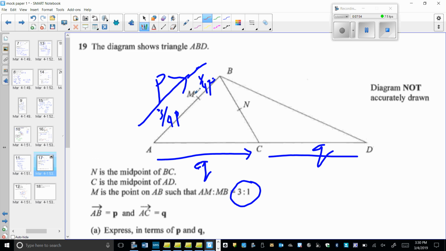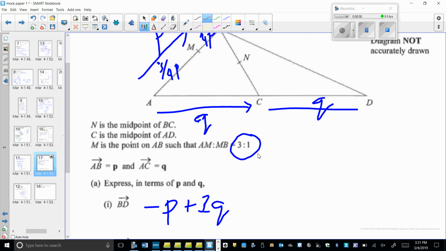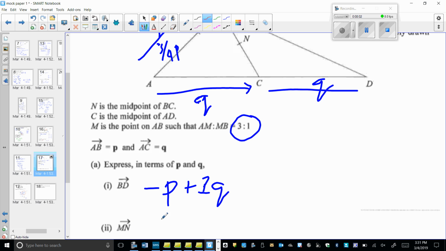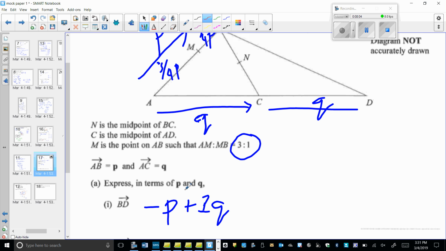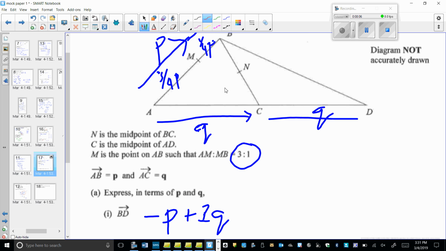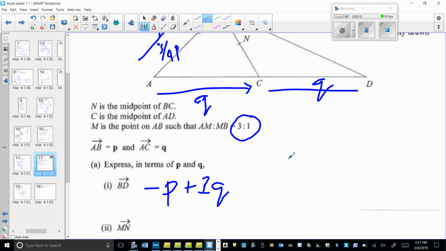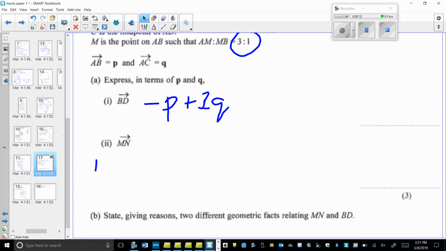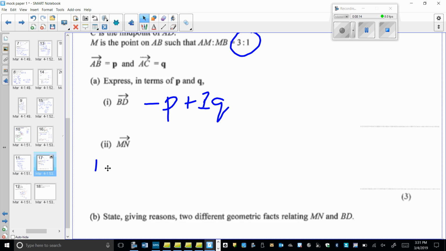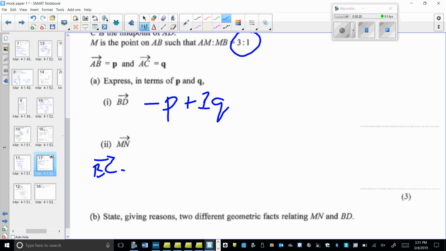M to N. Alright, so we know that B to C would be minus p plus q.